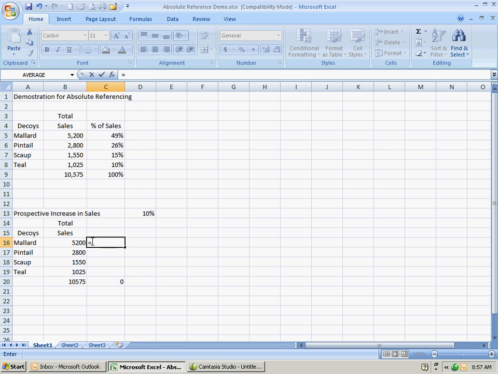Okay, equal sign, again, the cell I want to work on, times, left parentheses, 1 plus dollar sign B, dollar sign, not B, D, dollar sign 13.